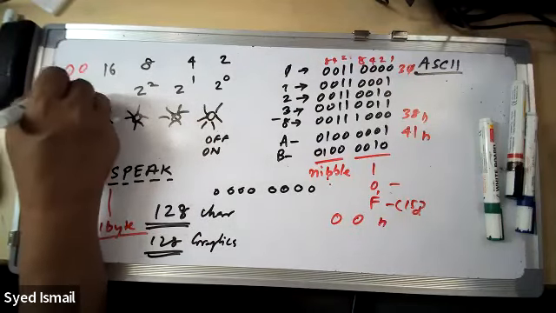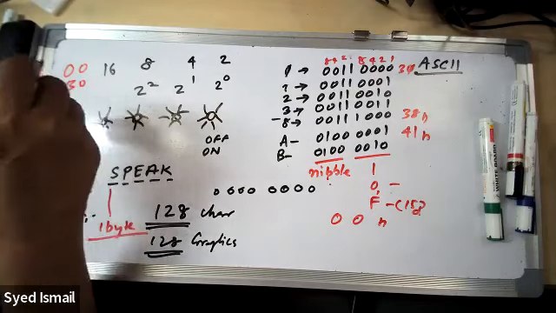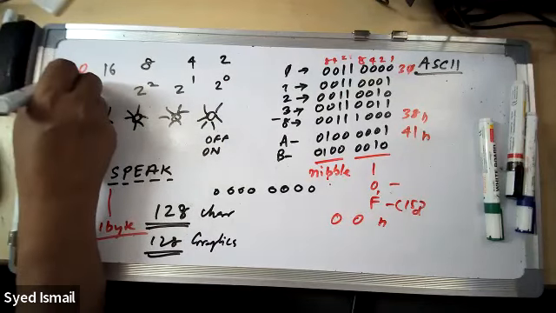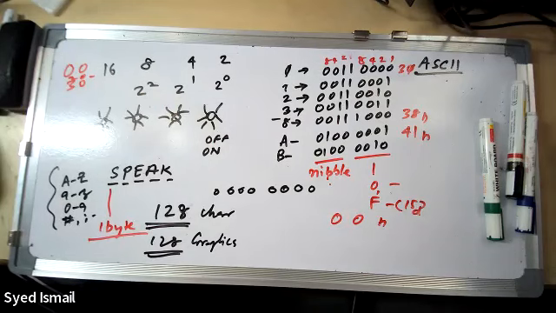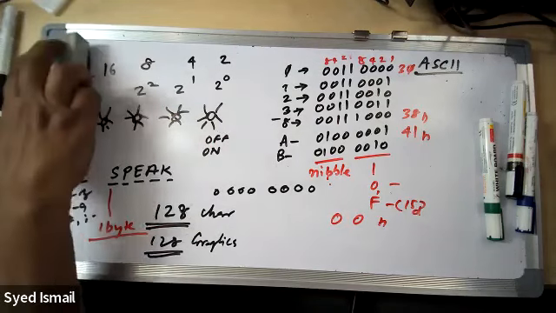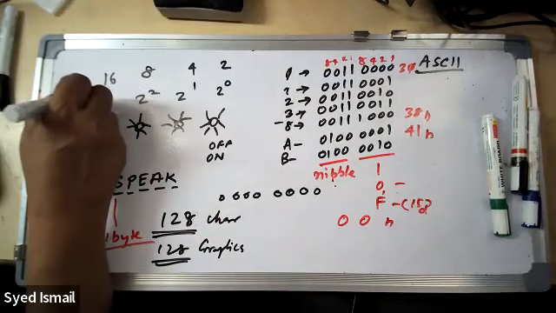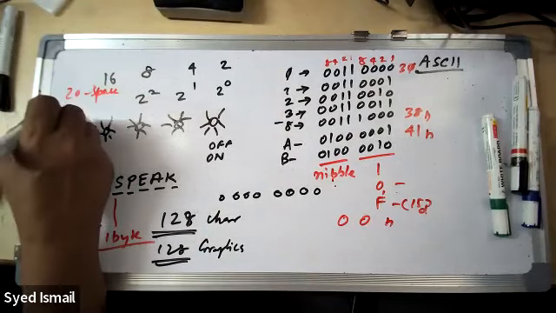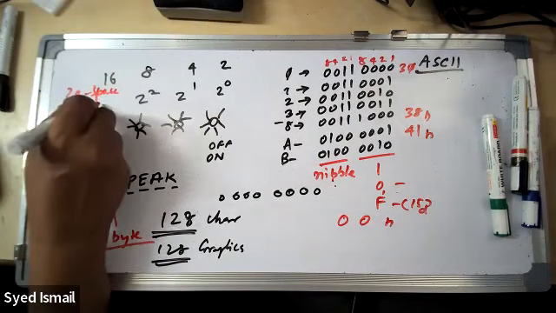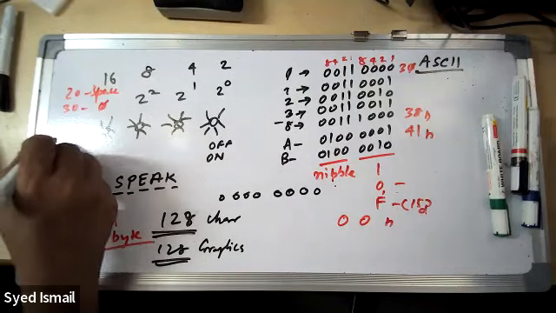And we already know 30 starts the numbers. For example, 20 is space. I mean, you press the space bar, it is 20. 20 is space, for example.